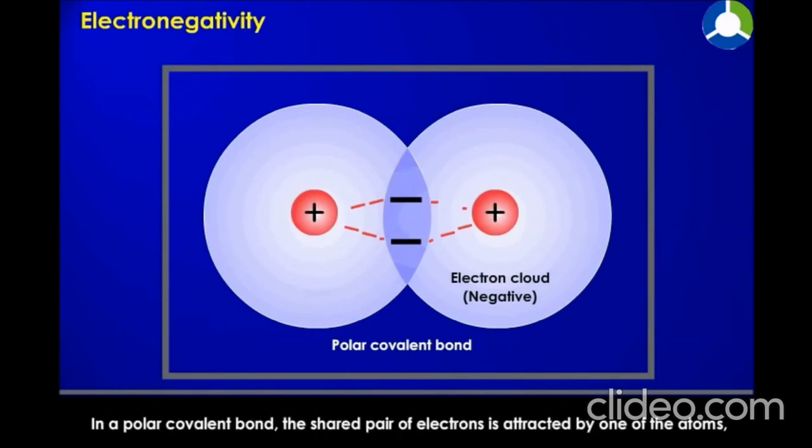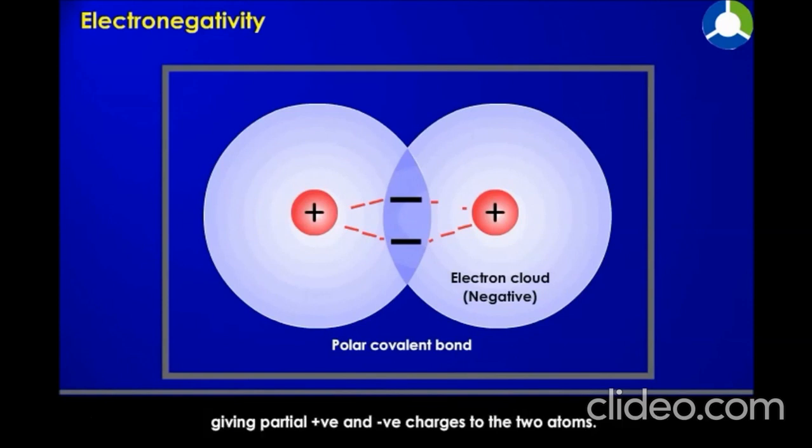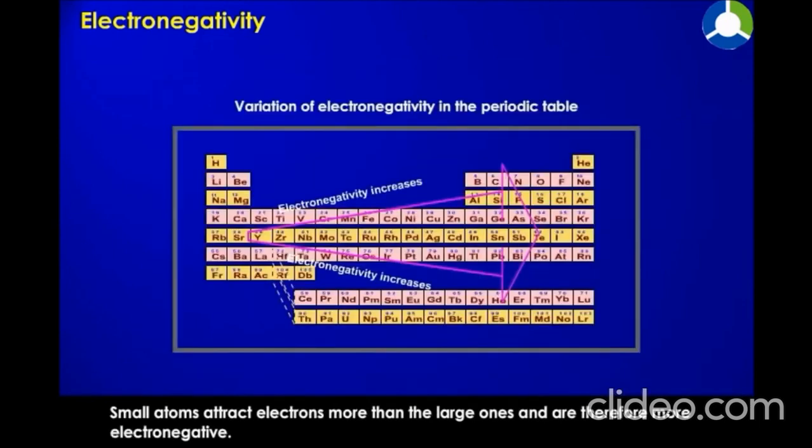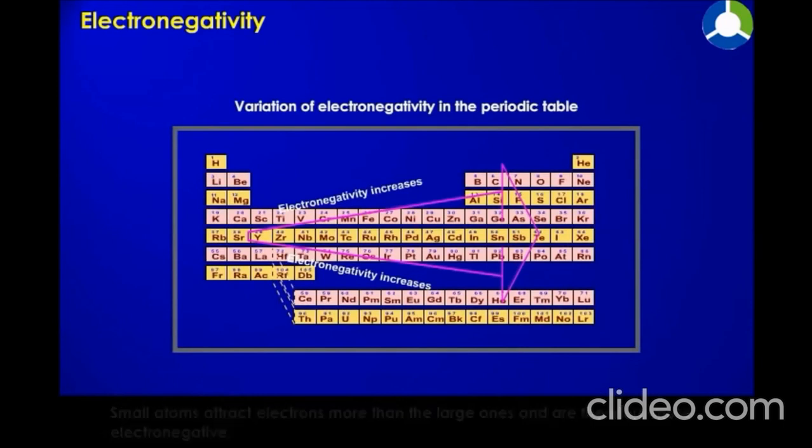In a polar covalent bond, the shared pair of electrons is attracted by one of the atoms, giving partial positive and negative charges to the 2 atoms. Small atoms attract electrons more than the large ones and are therefore more electronegative.